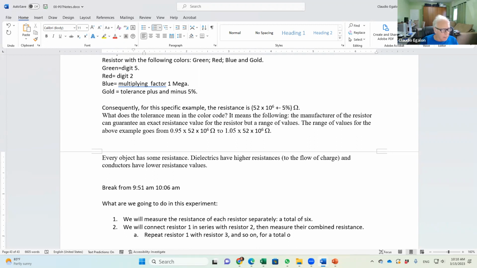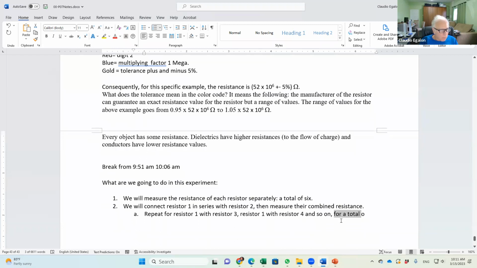Repeat for resistor 1 with resistor 3, resistor 1 with resistor 4, and so on, for a total of 5 measurements.